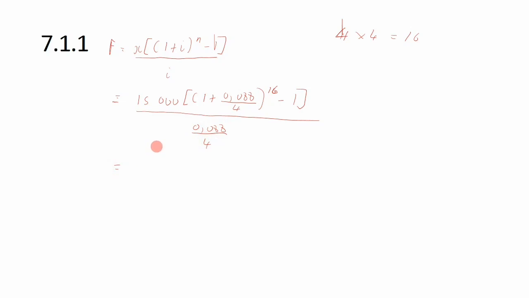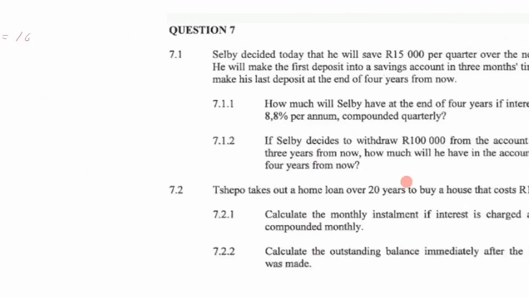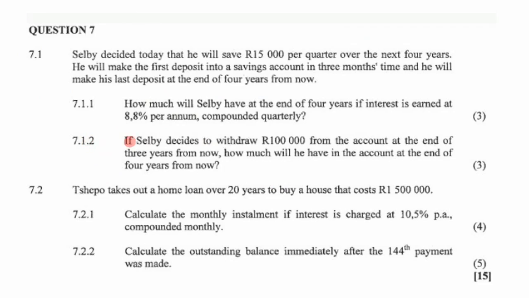So punching all that in your calculator, you find that the value of the savings after the 4 years will be 283,972.28.